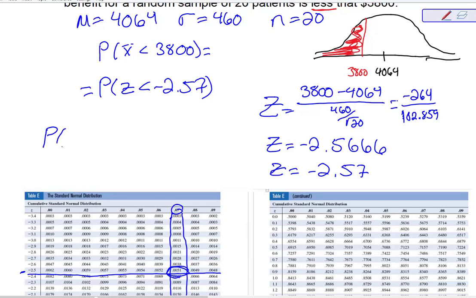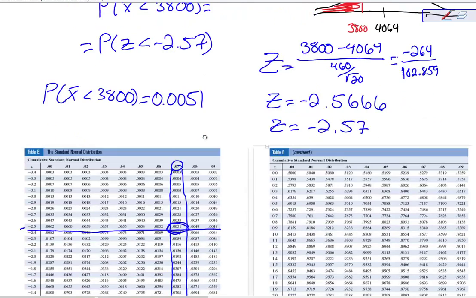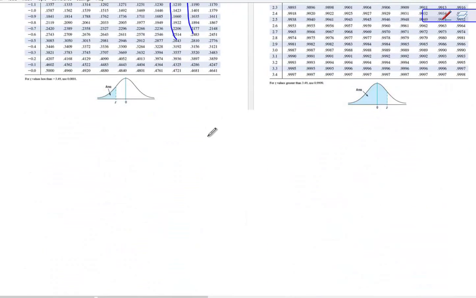So I get that the probability that X bar is less than 3,800 is equal to 0.0051. Now remember, we always want to put this in terms of our problem.